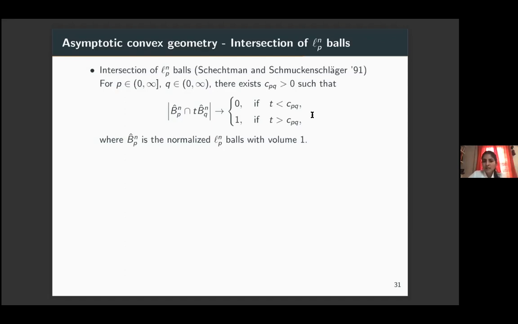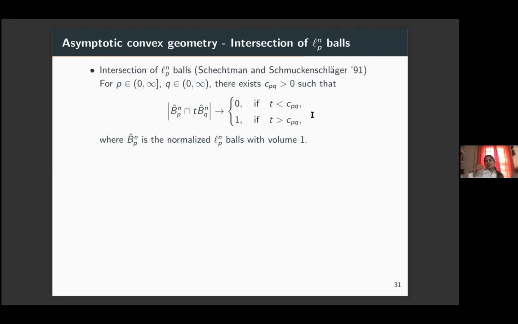You can write this intersection as a probability. You take a random vector in the LP ball, you look at the ratio of its Q norm to its P norm, and you look at the probability of it lying in some domain, or being less than something. And the volume is governed by an integral which has that term in it.